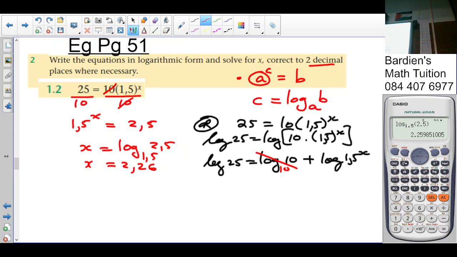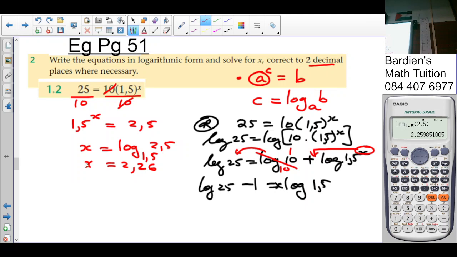Or I could have left it as log 10. So that is a 1, I'm bringing this over the equal sign. So that's going to be log 25 minus 1 equals log 1.5. Also I'm bringing that x forward. So that will simply be x log 1.5.